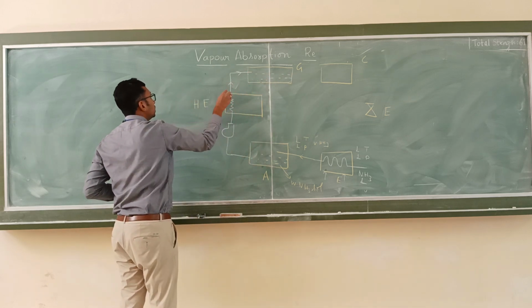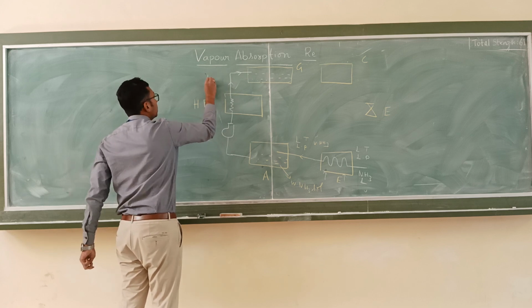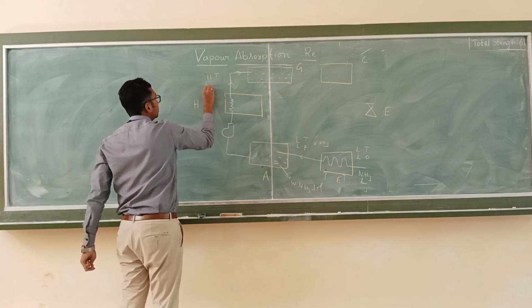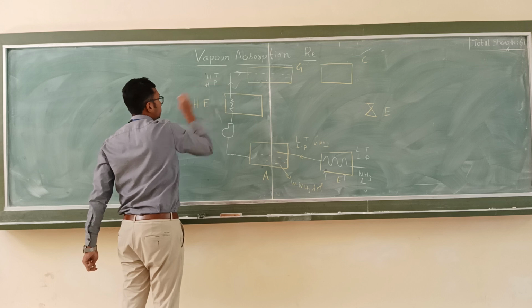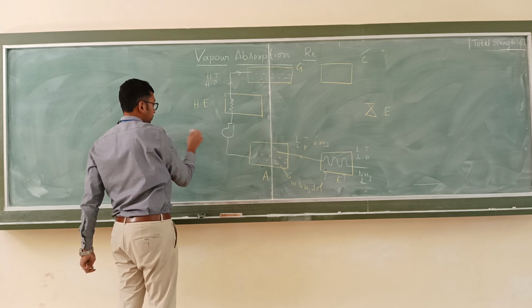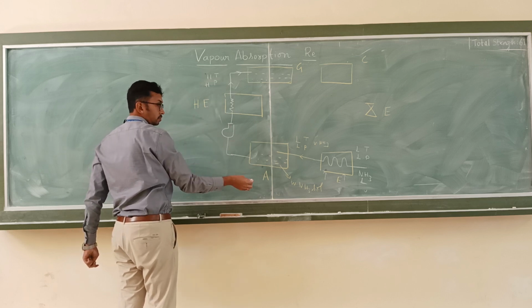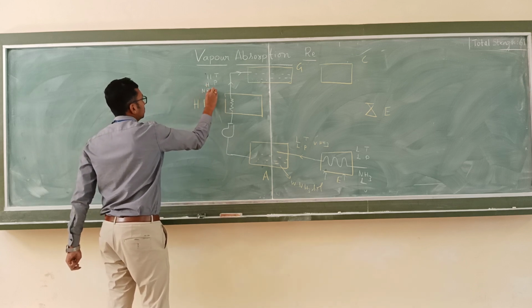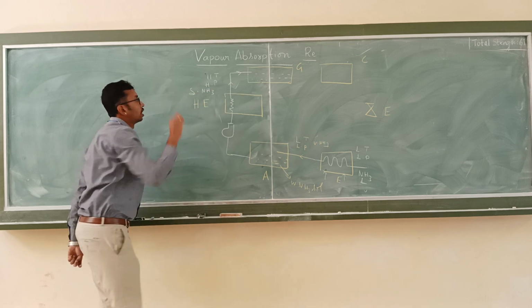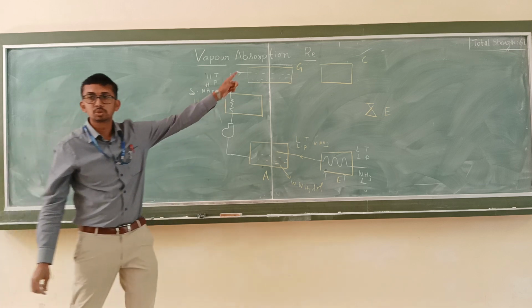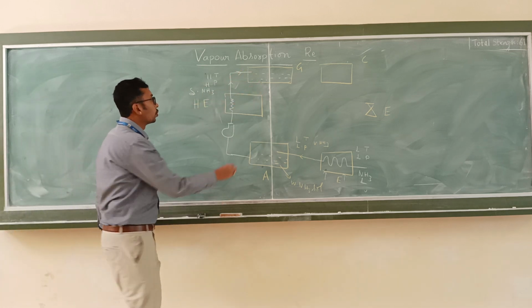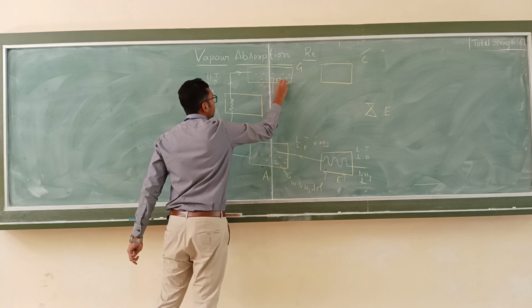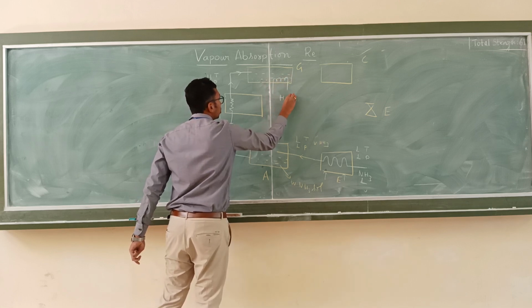So we get high temperature, high pressure strong ammonia solution, which is passed to the generator, where it will be heated with the help of a heating coil.